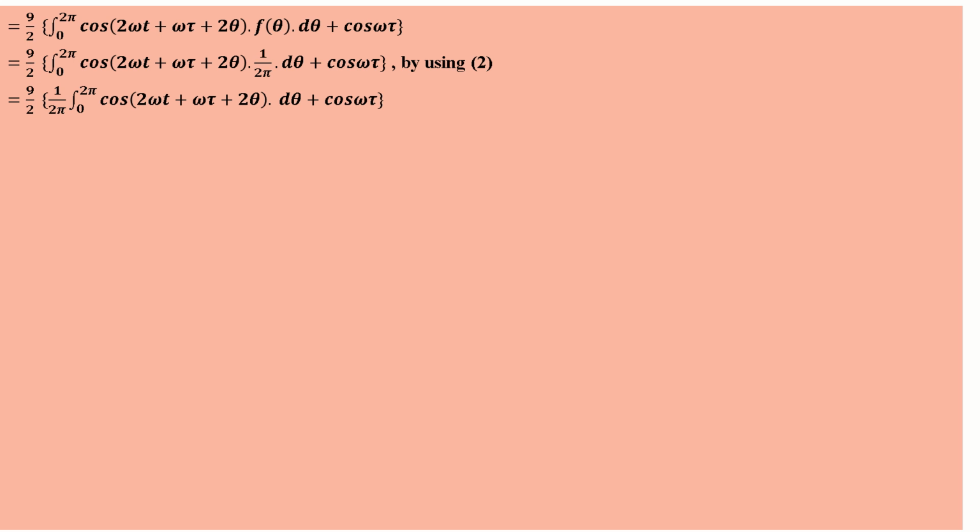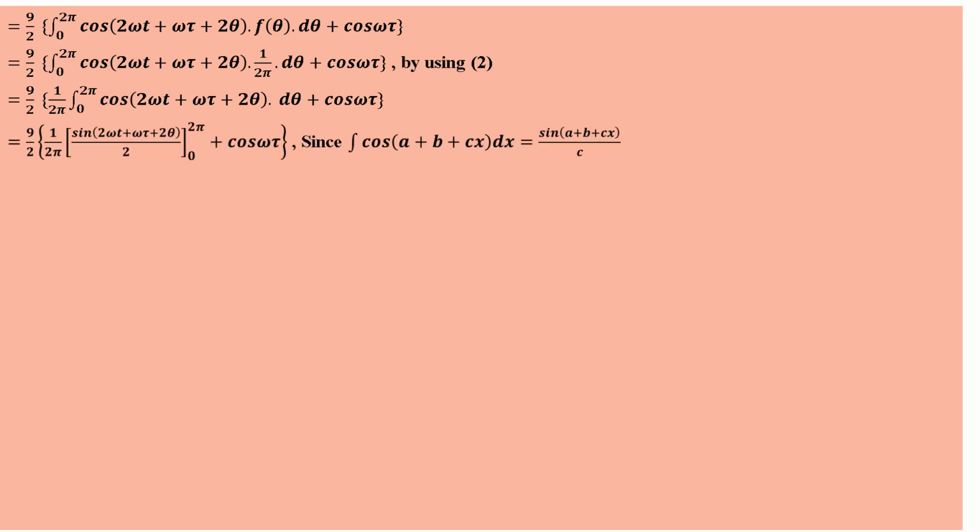We are taking 1 by 2π outside the integral because it is constant. So 9 by 2 into 1 by 2π, integral 0 to 2π of cos(2ωt + ωτ + 2θ) dθ, plus cos ωτ. We know the integral of cos(a + b + cx) dx is equal to sin(a + b + cx) by c.